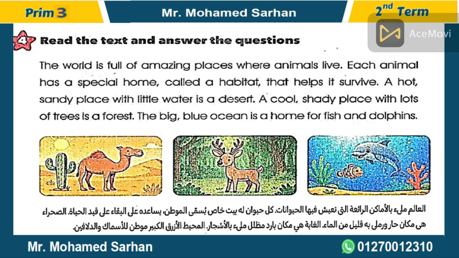A hot, sandy place with little water is a desert. A cool, shady place with lots of trees is a forest. The big, blue ocean is a home for fish and dolphins.